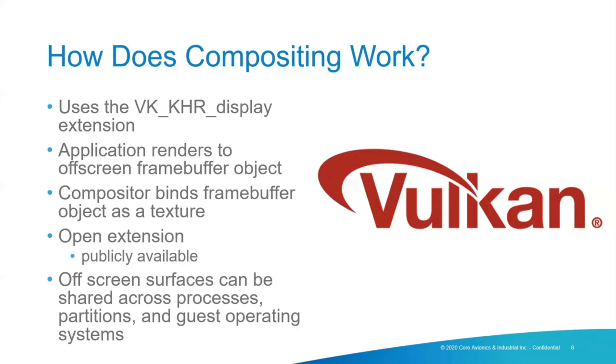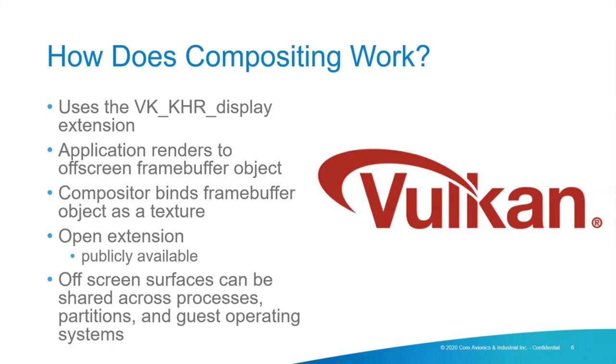So compositing in Vulkan makes use of the VK_KHR_display extension. The way this works is that in a compositing context, there's an off-screen application and there's the compositor application. The off-screen application will render its content into an off-screen frame buffer object, and that frame buffer object will have a display ID associated with it.